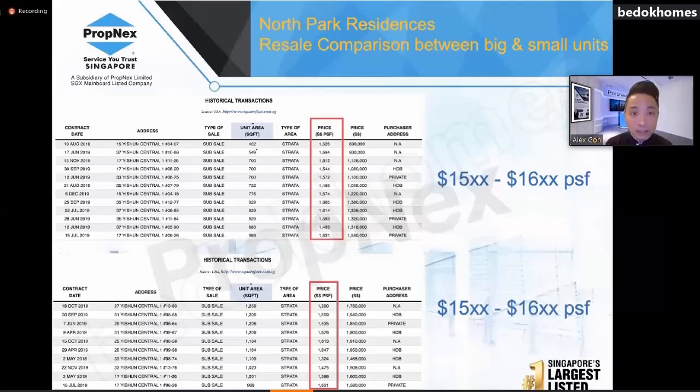But if you look at this, the 1 bedroom and 2 bedroom are all sold at 1,500 to 1,600 per square foot in the resale market for North Park Residences. But the 3 bedroom and 4 bedroom are also sold in the range of 1,500 to 1,600 per square foot. But remember, when you buy from the developer, the 3 bedroom and 4 bedroom per square foot wise is definitely lower than the 1 and 2. So I'm going to show you some examples later on.